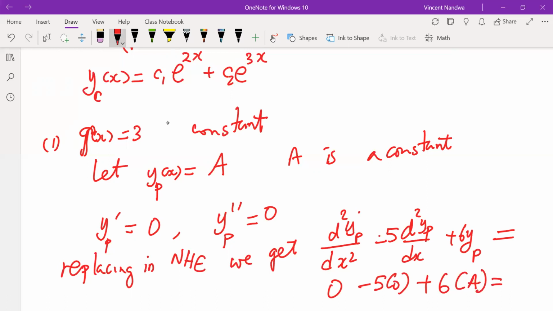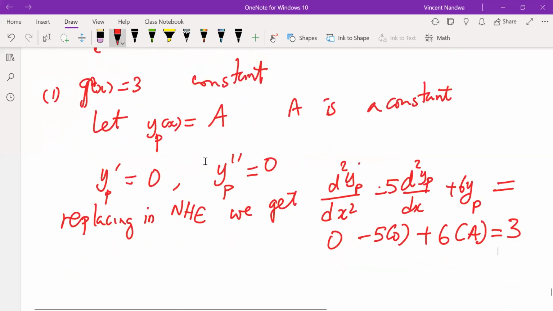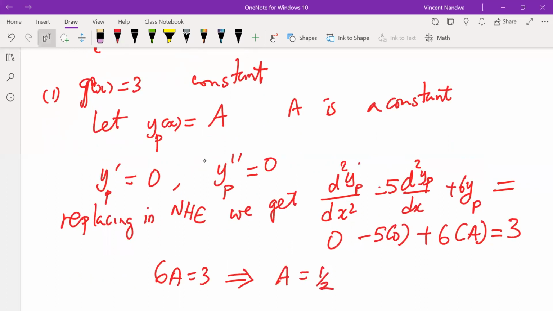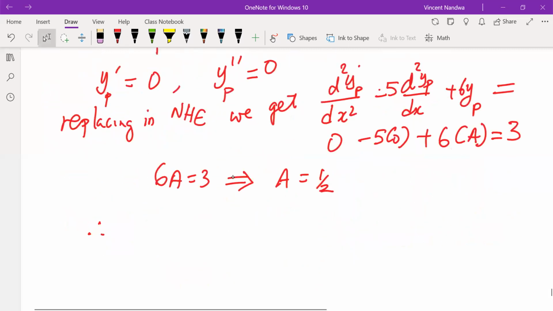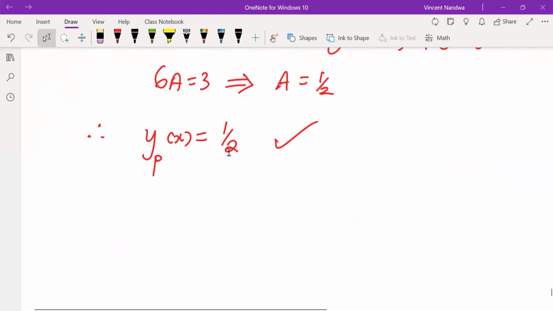We have said that g of x in this case is 3, so this will give us 3. That means 6a equals 3, which implies a is a half, 3 over 6. Therefore yp of x is nothing but a half. So this is the solution for that given problem.